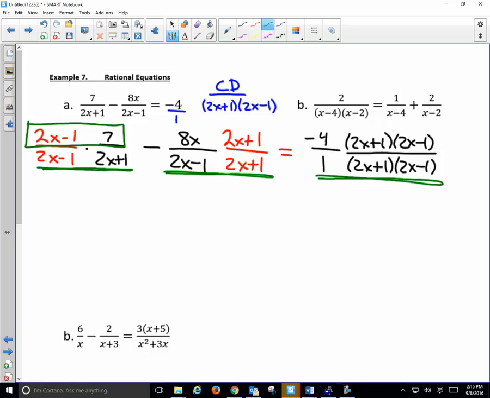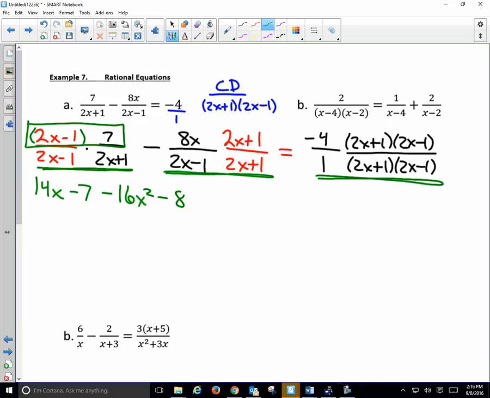7 times 2x minus 1. How do I do that? 14x minus 7. Minus, what is negative 8x times 2x? 16x squared. What is negative 8x times positive 1?